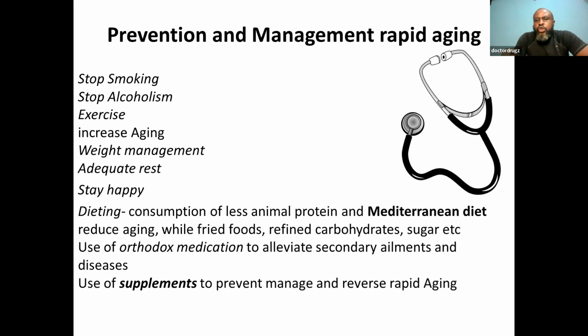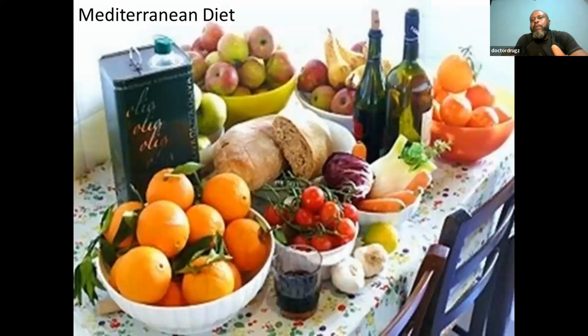And then use of supplements to prevent, manage, and reverse rapid aging. So this is an example of what we call a Mediterranean diet. If you look at this table here, you see how brightly colored the fruits are. So you have a lot of carotene and a lot of phytochemicals that are very essential in the body.